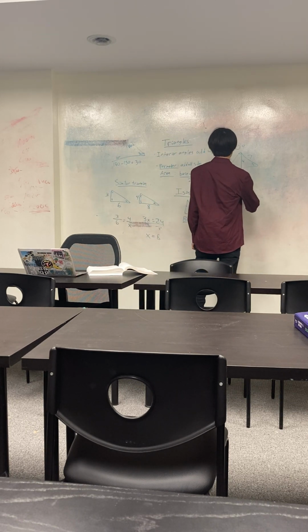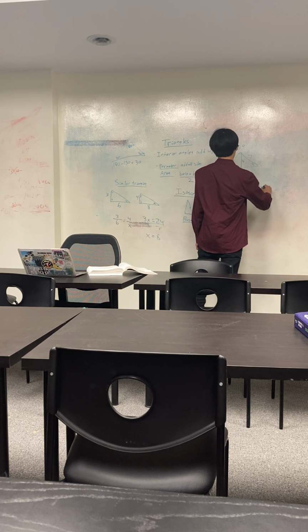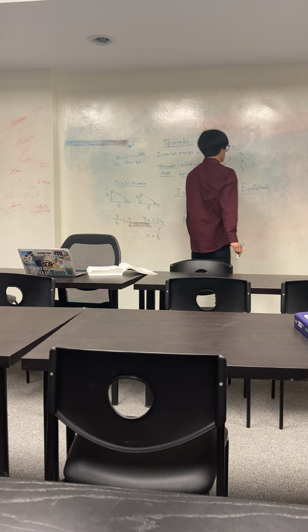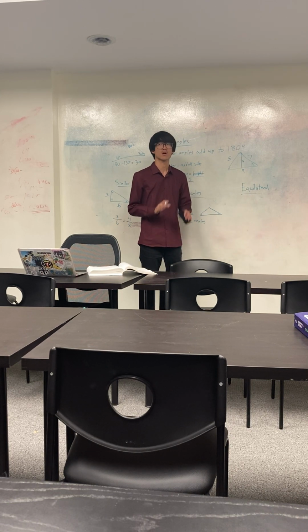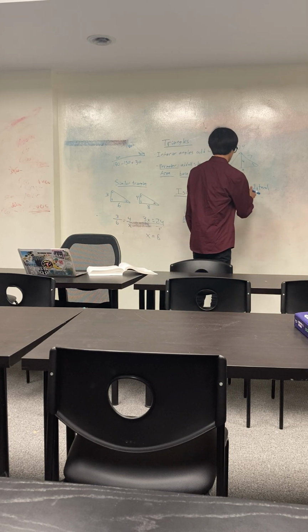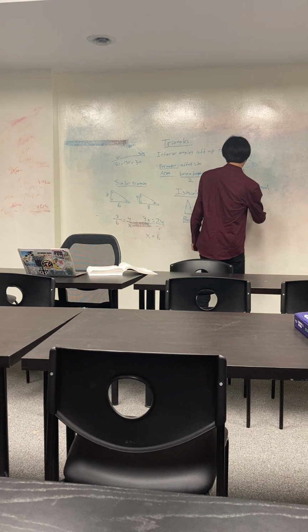Next up, we have equilateral triangles. An equilateral triangle is a triangle where the sides and the angles are all the same. Again, this is a human drawing, it's not going to be perfect, but let's pretend it is.